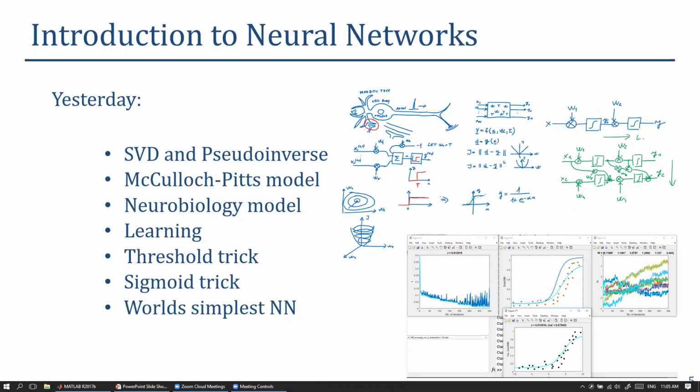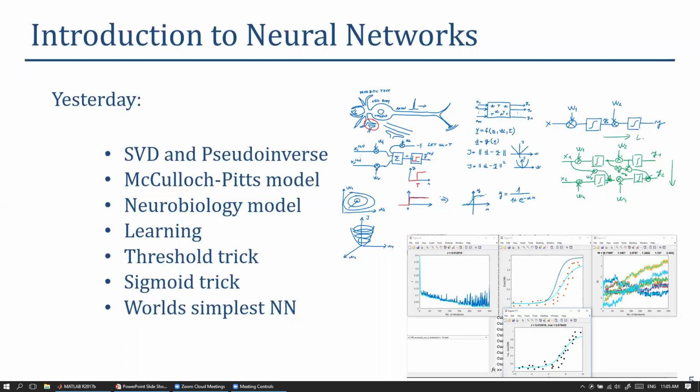Then we looked at the basic biological neuron. We looked at the McCulloch-Pitts model. We've seen how they developed the mathematical model of the biological neuron in the 40s of the last century.